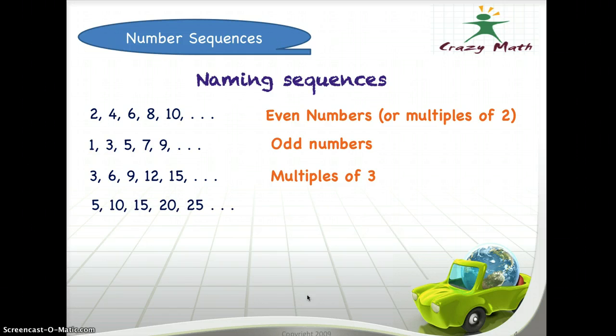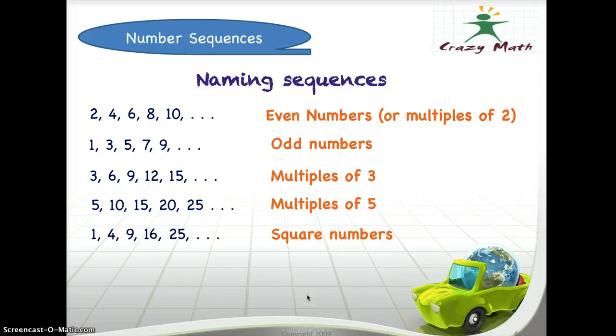Another sequence, 5, 10, 15, 20, 25. Yes, they are multiples of 5. Okay, the last sequence, 1, 4, 9, 16, 25. Any guess? Does anyone know what this sequence is? They are a set of square numbers.